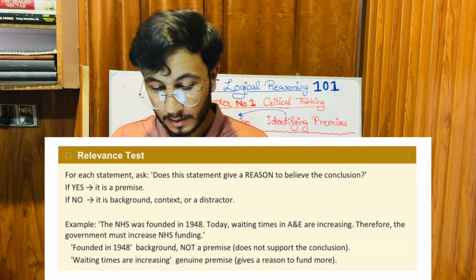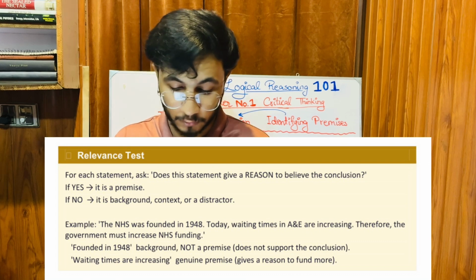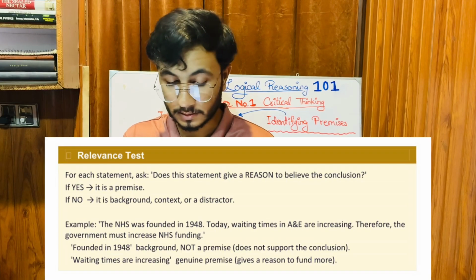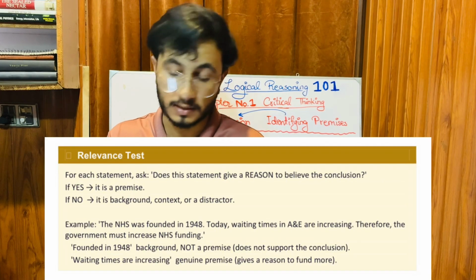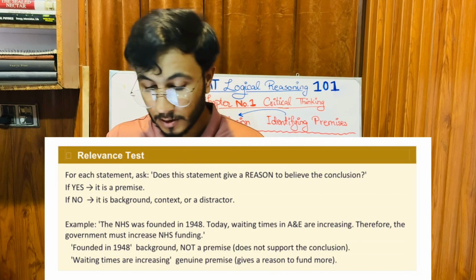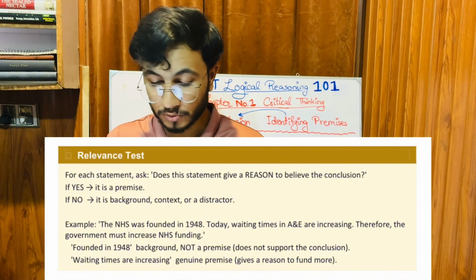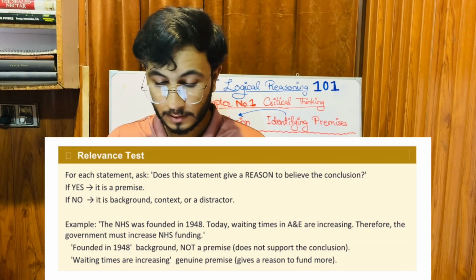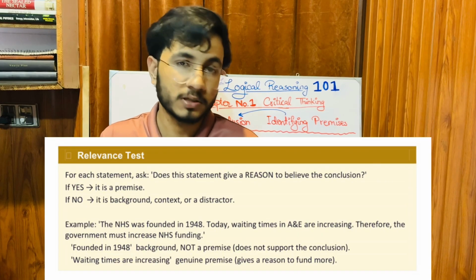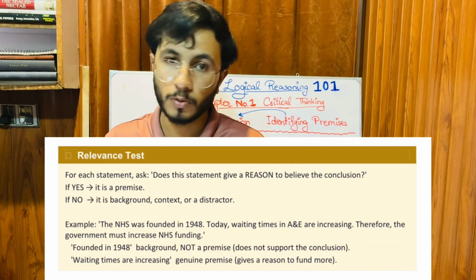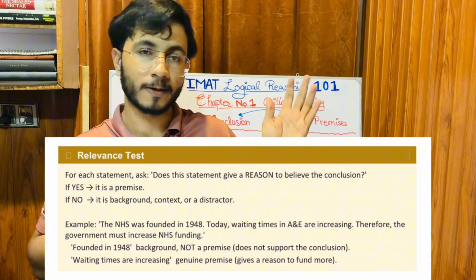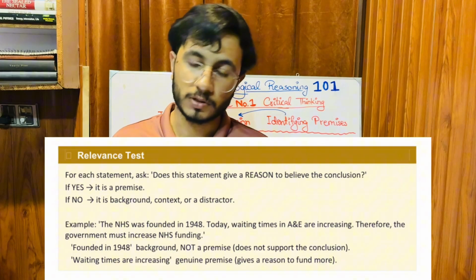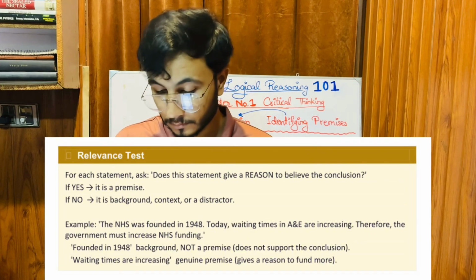For example, the NHS was founded in 1948. Today waiting times in A and E are increasing, therefore the government must increase NHS funding. So we have two premises. The first is the founding in 1948. Background cannot be a premise. What happened in 1948 is not supporting our conclusion, so that can't be a premise.